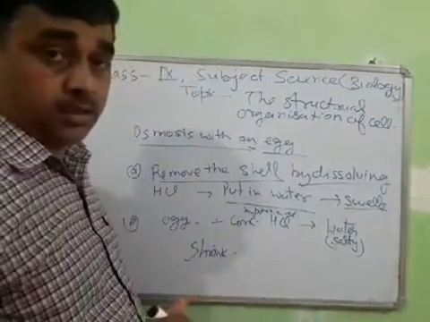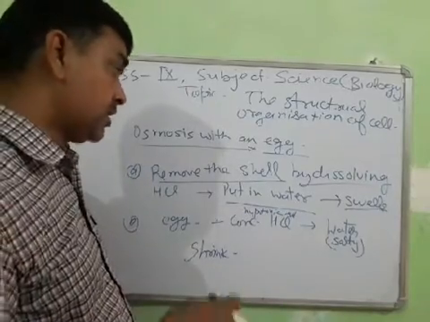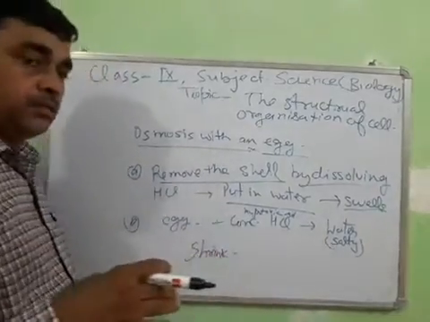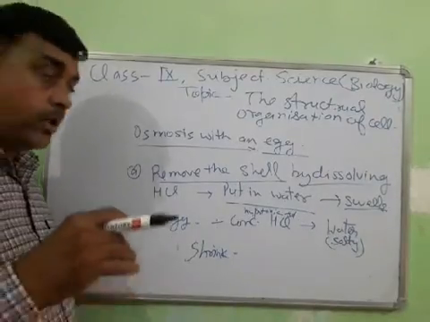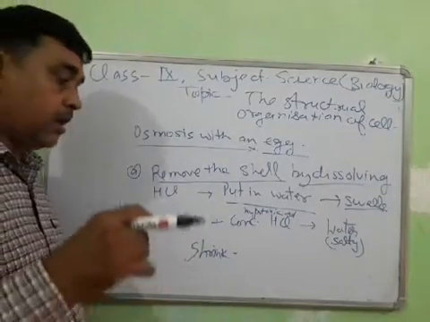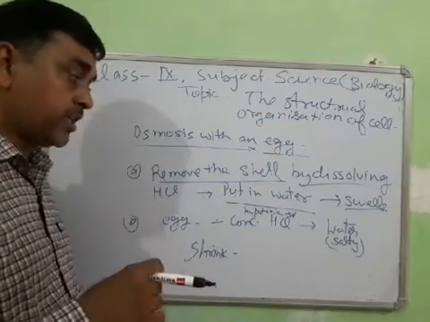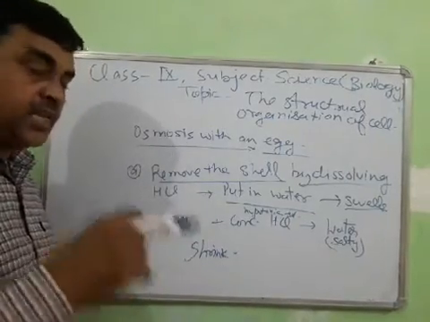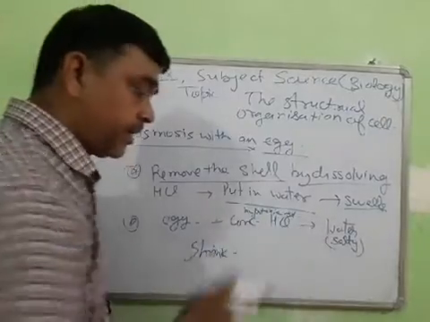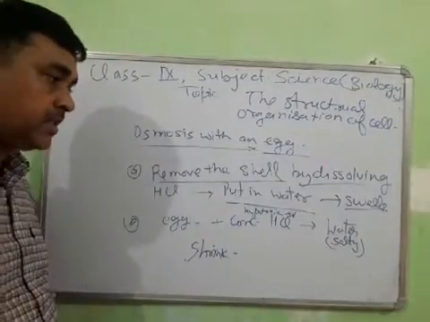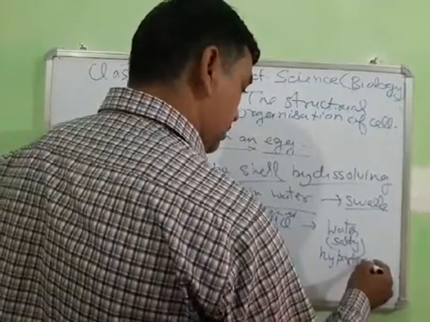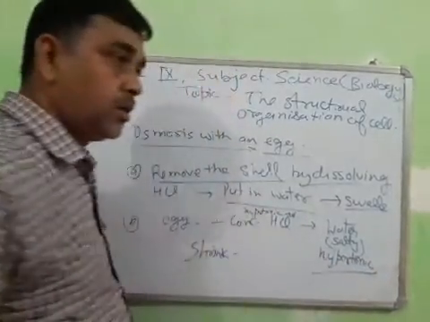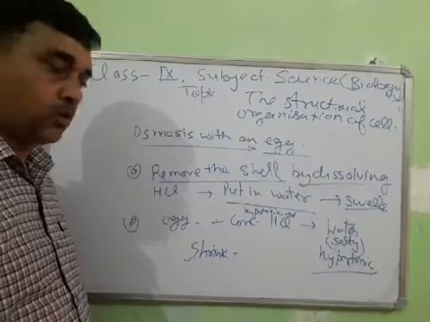And suppose the same thing, a peeled egg, when you dip it in the concentrated hydrochloric acid and then place it into the salty water. Salty water means hypertonic water. So the concentration of water is less than the solute.